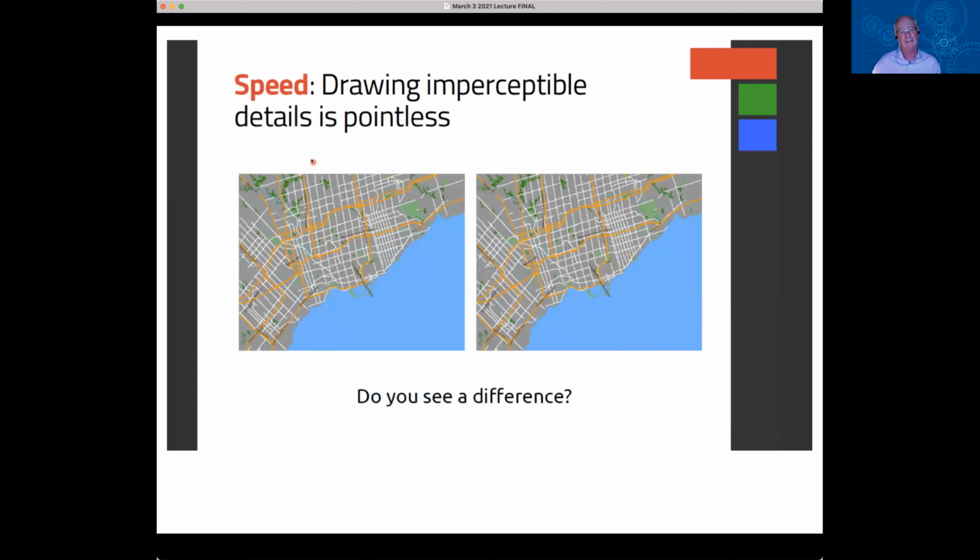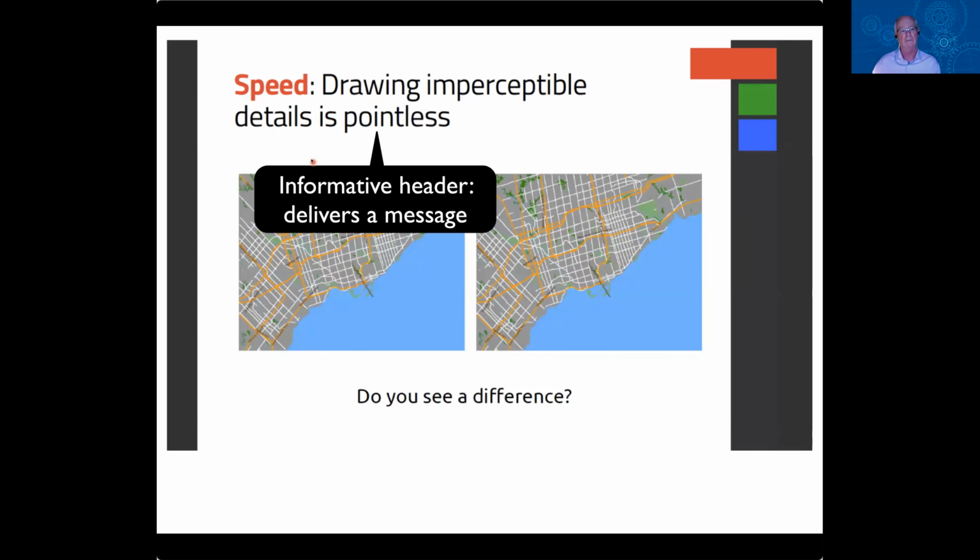And then they get into the slide deck. Following the advice we got a few moments ago from Jean-Luc Dumont to deliver messages, not information, I think this is a pretty good header. It delivers a clear message that drawing imperceptible details is pointless.